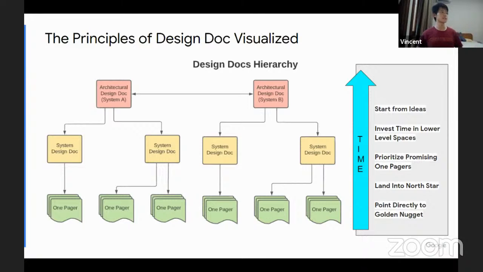So the very first thing is to start from the ideas. The ideas represent the one-pager here. So I hope my cursor is there. Ultimately you will have a lot more ideas, a lot more choices and alternatives that you should dig into. And whenever you want to create a certain impact, you don't start with a very complex model first.